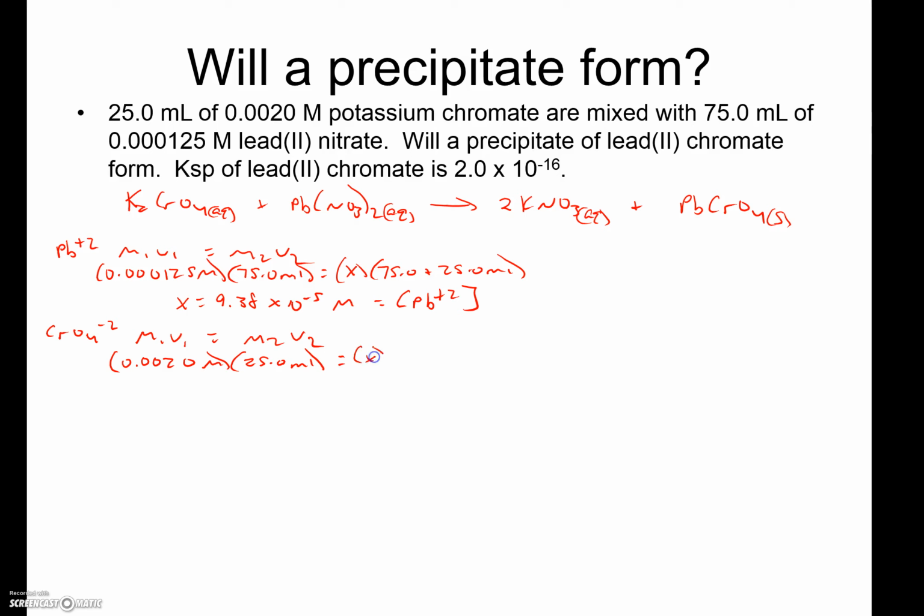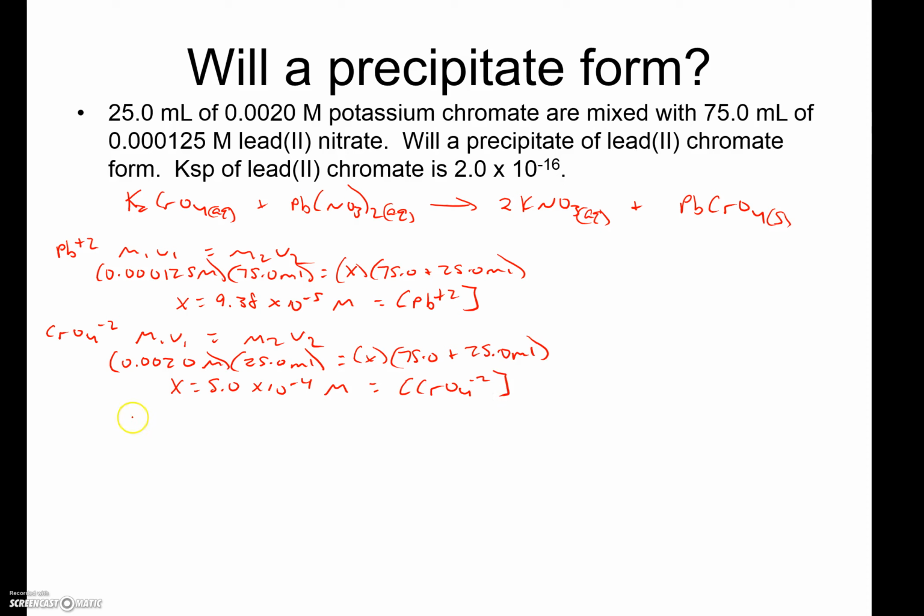What will the new molarity be when we mix the two solutions together? So 75 plus 25 milliliters. So the new concentration of our potassium chromate is going to be 5.0 times 10 to the minus 4. And since it's a 1-to-1 ratio of potassium chromate to chromate ions, this is the concentration of our chromate ion.